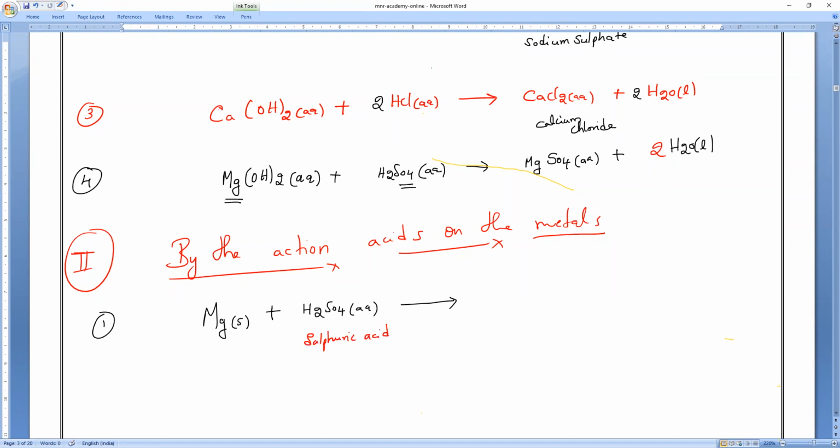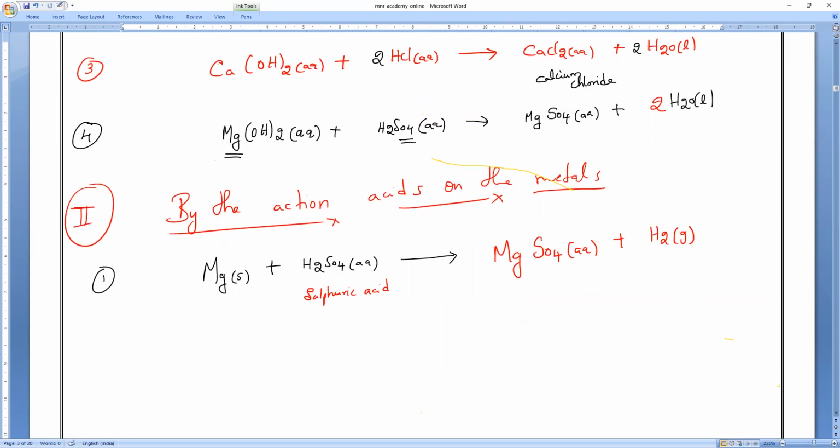Tell me, what are the products? Magnesium sulfate. Very good. What is the formula? MgSO4 plus hydrogen gas. That's all. Very good. Please mute yourself. Magnesium plus sulfuric acid will form magnesium sulfate plus hydrogen.